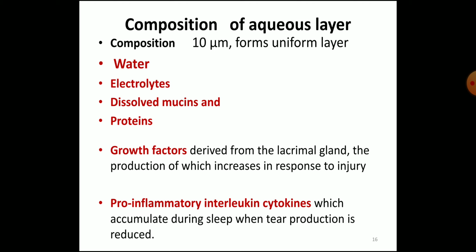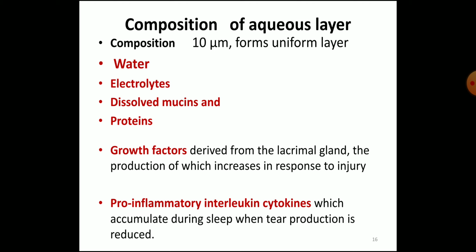Its thickness is 10 micrometers and it forms a uniform layer. Composition is mainly water, electrolytes, dissolved mucins, and proteins. And there are growth factors derived from the lacrimal gland, the production of which increases in response to injury.